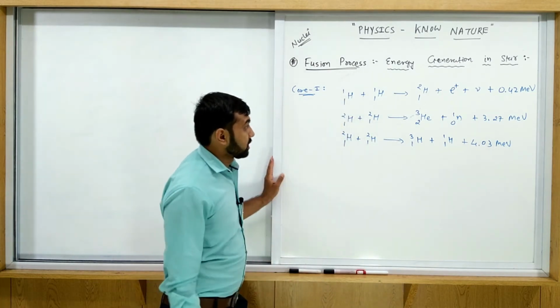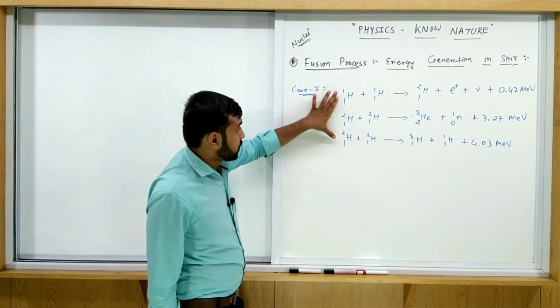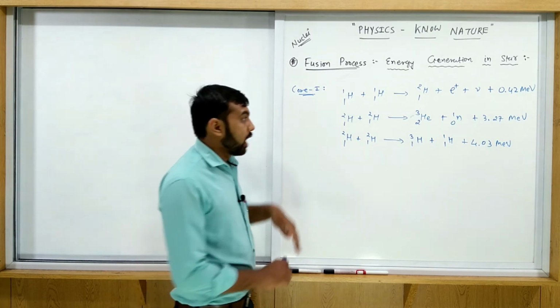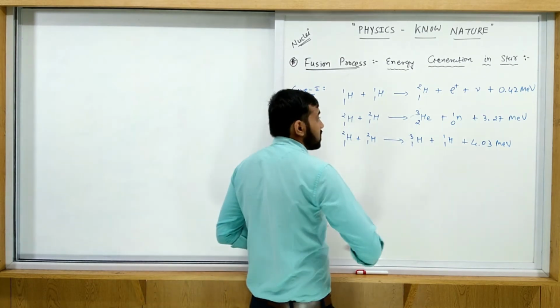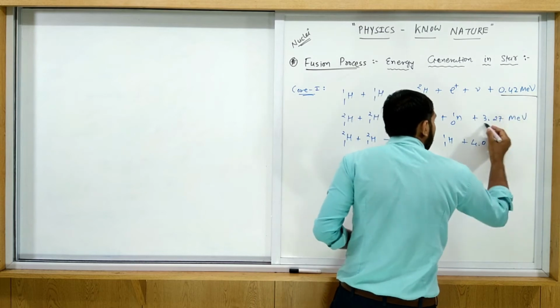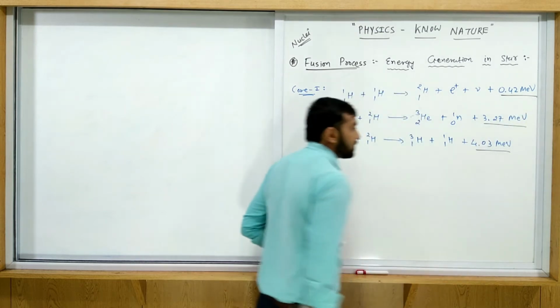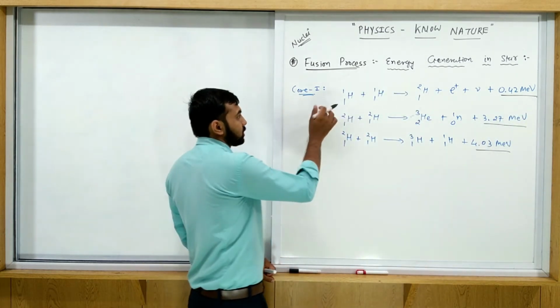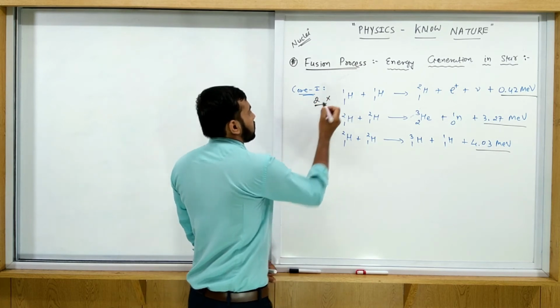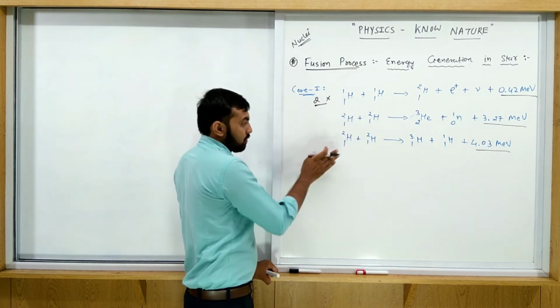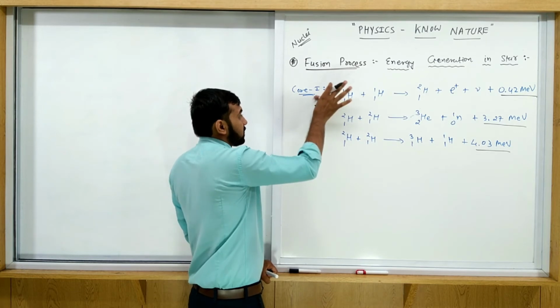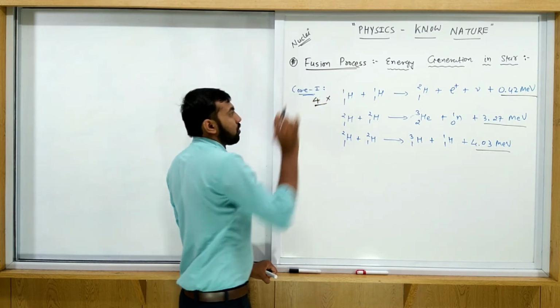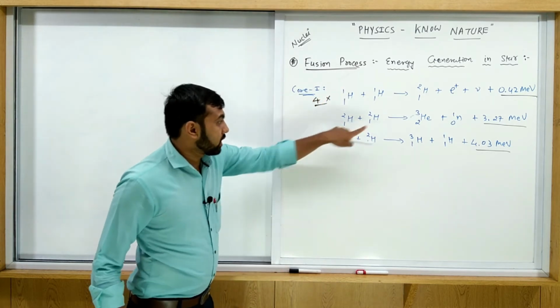So if we consider this process, how much total energy will be released? 0.42, 3.27 and 4.03, and this occurs two times. If you consider this one also, then this process occurs four times, two times here and two times here.